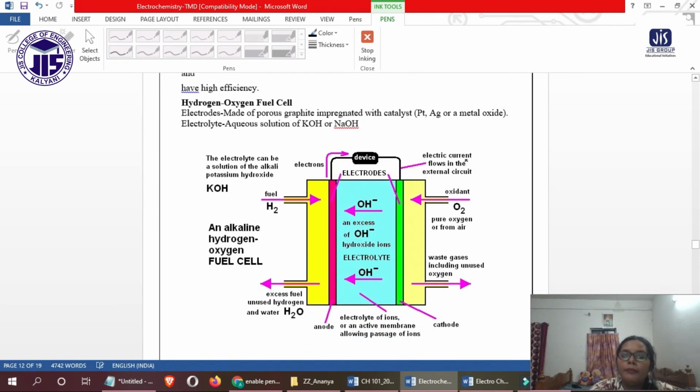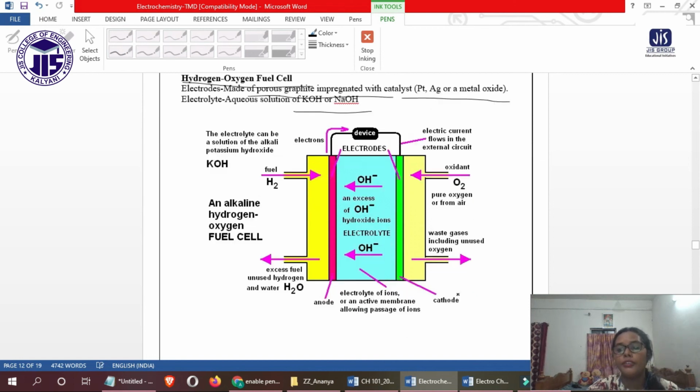Next we have the hydrogen oxygen fuel cell. Generally the electrodes are made of porous graphite impregnated with a catalyst, that is platinum, silver or a metal oxide, and as the electrolyte we are using potassium hydroxide or sodium hydroxide.